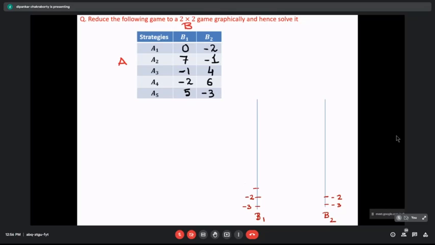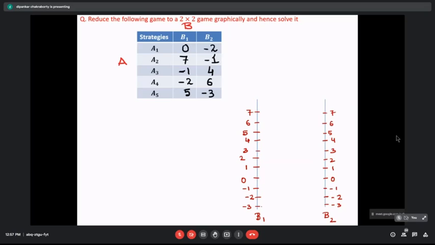So -1, 0, 1, 2, 3, 4, 5, 6, 7, written in parallel on both lines.